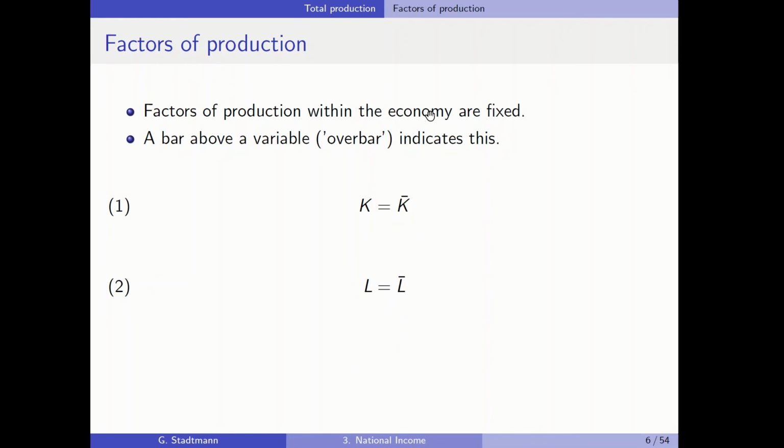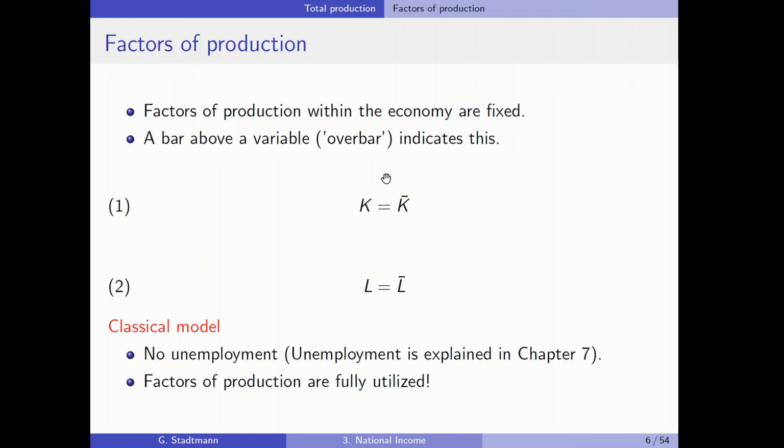And here it is very important to look at the wording of the assumption, that it is related to the economy. It's not related to the firm. One firm can expand by hiring more labor and by also buying more capital goods. So one firm can expand, but the resources of one economy are given.